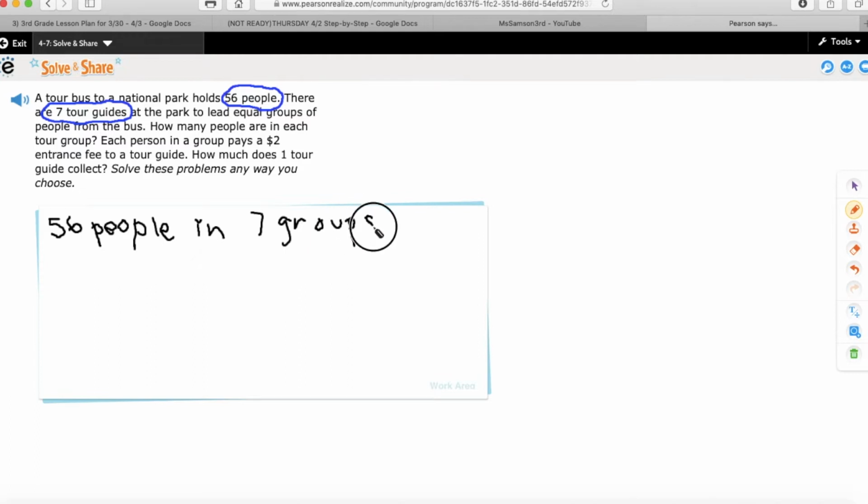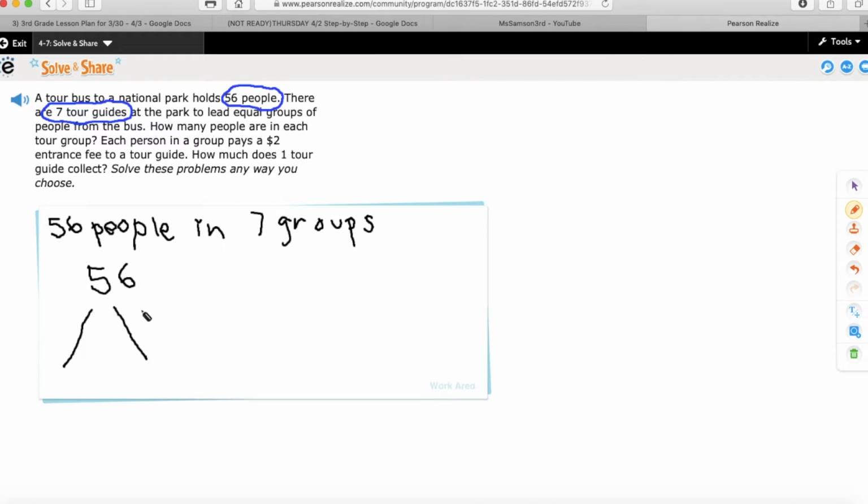Okay, go ahead and write that in your solve and share. So a way that we can do this to figure out how many people would be in each group, we can draw 56. And you can divide this. If you already know what the division problem is going to be, go ahead and just write your division problem.